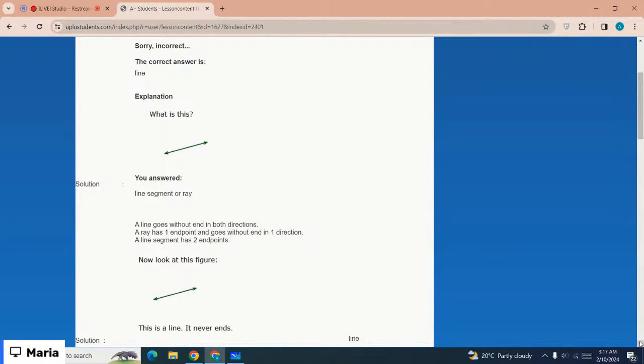A ray has one endpoint and goes on without end in one direction. A line segment has two endpoints. So this is a line, right? It never ends. That is the line.